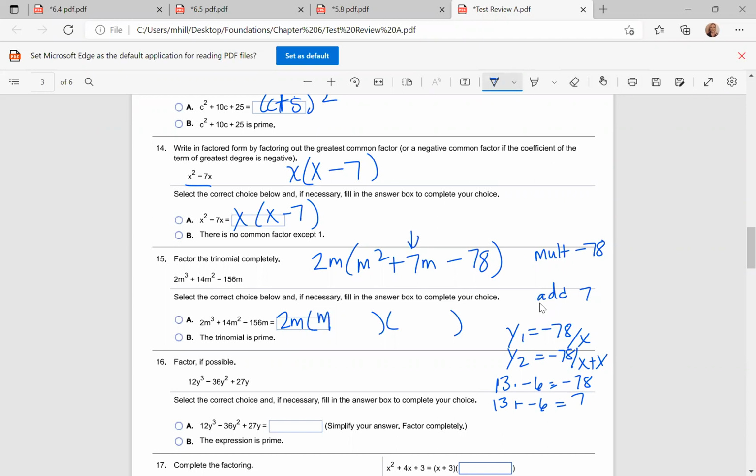So m plus 13 and then m minus 6 would be the 2 options there.